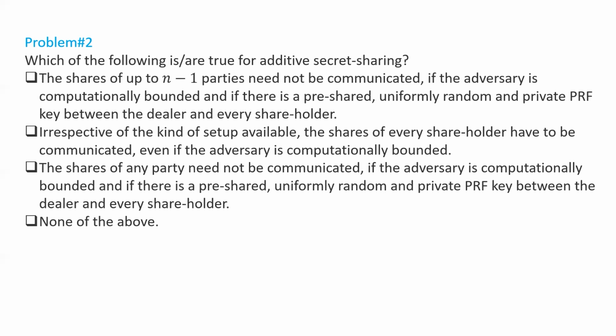So the first n-1 shares need not be explicitly communicated by the dealer. They can be uniformly randomly chosen by the parties themselves, and still the nth secret share can be computed by the dealer itself, and the necessary computation goes on. So that is why it says that the shares of n-1 parties need not be communicated, but depending on their values, the last share can be computed by the dealer itself.